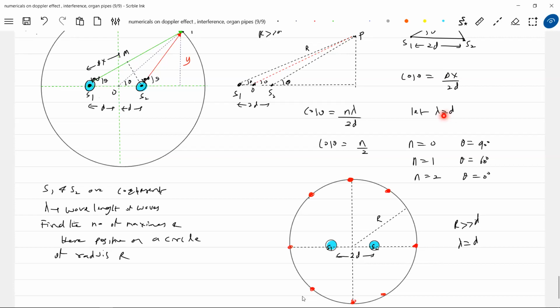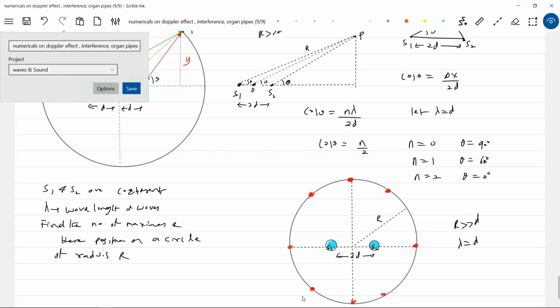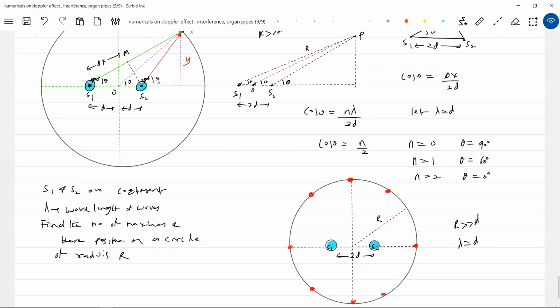Lambda equal to 2d, you make it; lambda equal to 3d, you make it; or lambda equal to d by 4. So how many maximas now for lambda equal to d? 8 maximas are detected.